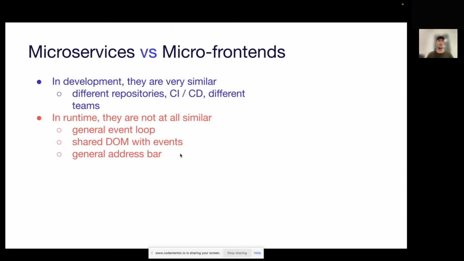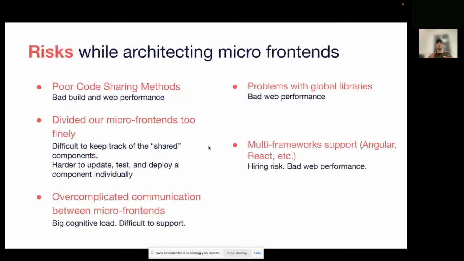And to be honest, we just need to accept that we should achieve some level of independence, but these will not be fully independent micro applications. If you try to overcomplicate your front end and isolate it completely, it can lead to many risks while architecting a micro-frontends approach in your organization.